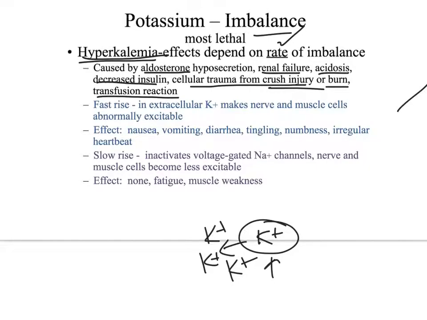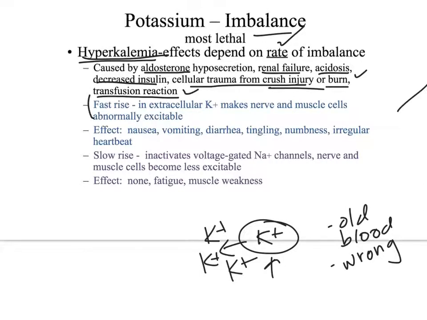That can happen when someone is burned, or if you accidentally get old blood and the blood cells are lysed, or you get the wrong blood type and the blood cells lyse. Then too much potassium is being released into the bloodstream, and it causes a problem.